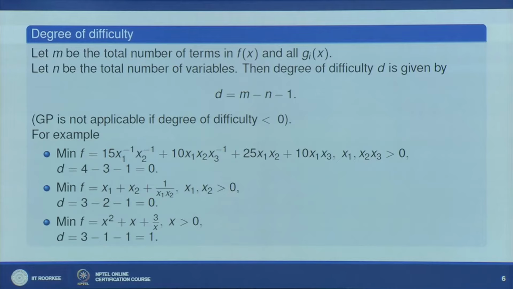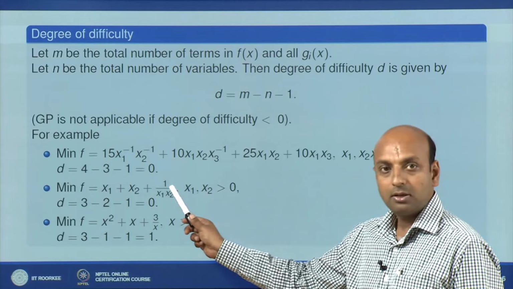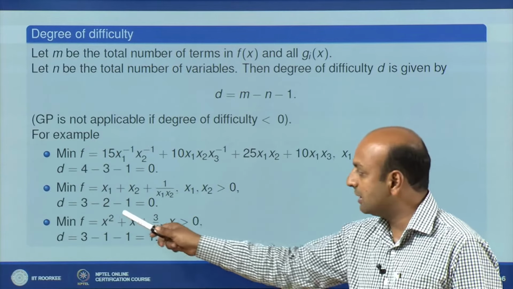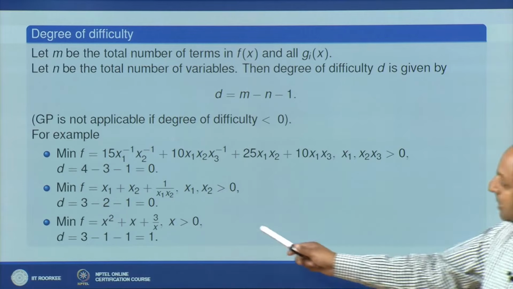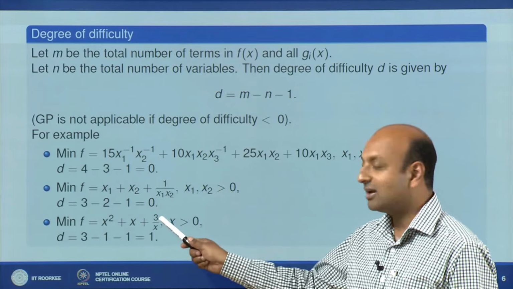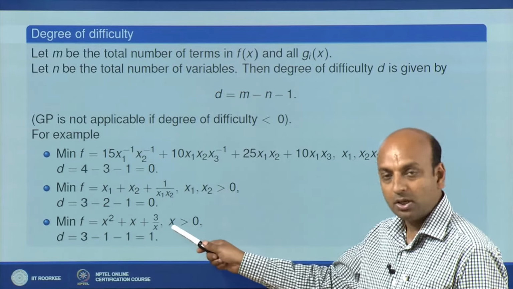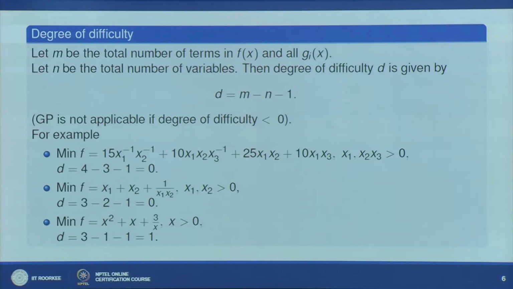Again, in this we are having 3 terms, 1, 2, 3. How many unknowns? 2 unknowns, 3 minus 2 minus 1, that is degree of difficulty is 0. For this problem, we are having 3 terms with 1 unknown. So, 3 minus 1 minus 1, that is 1. So, degree of difficulty for this is 1.